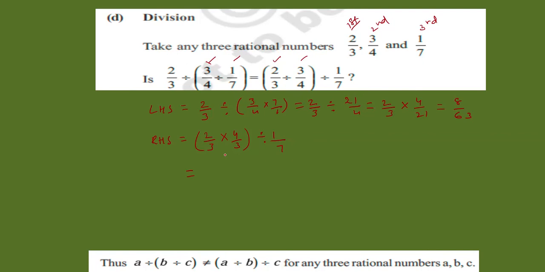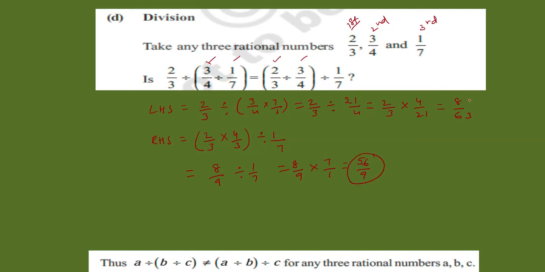Now 2 4s are 8, 3 3s are 9, so 8 by 9 divided by 1 by 7. You write the first rational number 8 by 9, then the multiplication symbol and the reciprocal of 1 by 7, that is 7 by 1. That is 56 by 9.